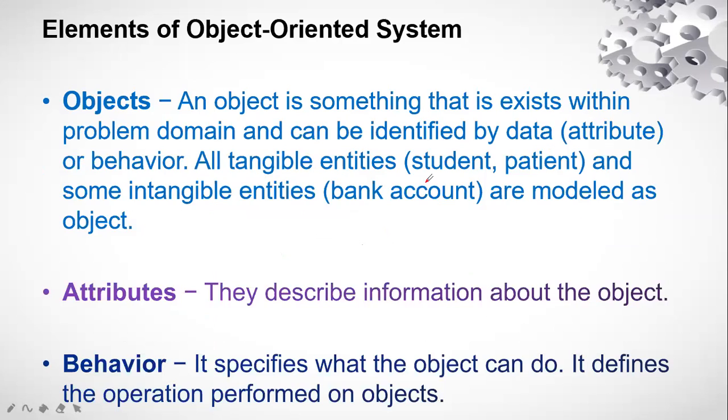All tangible entities, which I told you have physical existence, such as student, patient, and some intangible entities, which I called conceptual, such as bank account, are modeled as objects. Attributes describe information about the object. Behavior tells you what operation the object performs, what it does. So operations performed on objects, that is what behavior is.